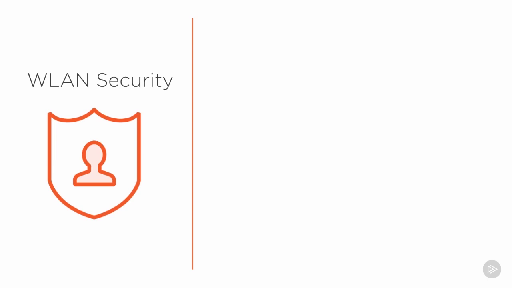One of the problems is that a wireless signal can be picked up by anybody in the area. So therefore, we need some type of wireless local area network security. And the first attempt at this was known as WEP, Wired Equivalent Privacy. And WEP was a valiant attempt, but didn't work.